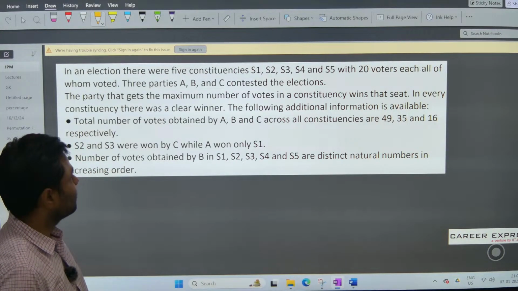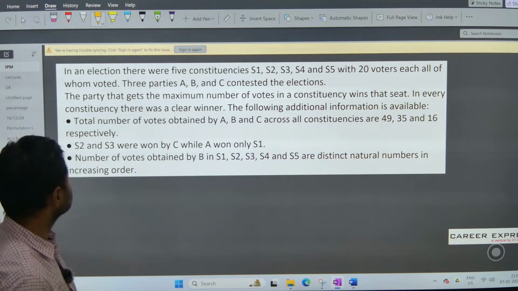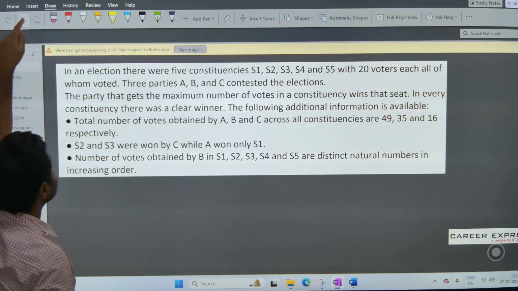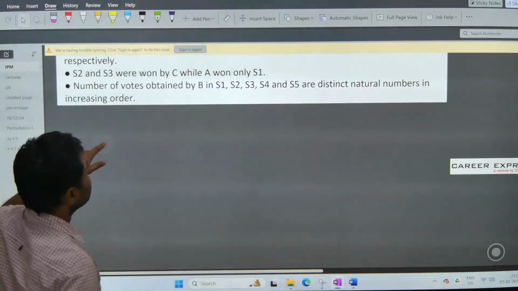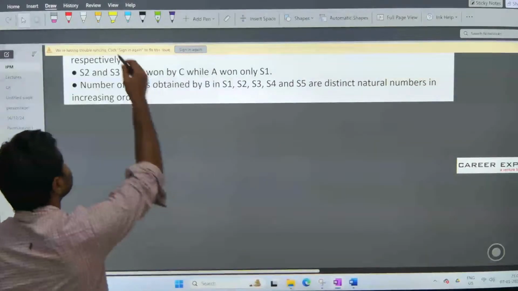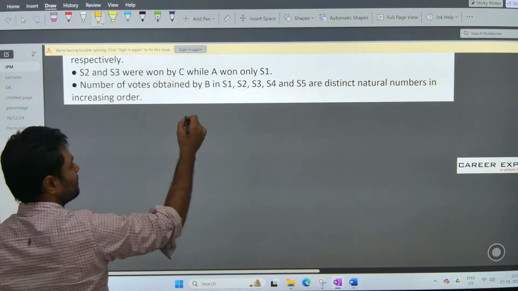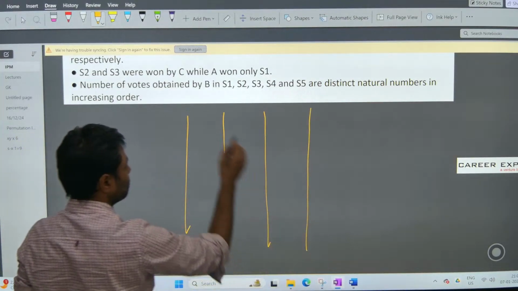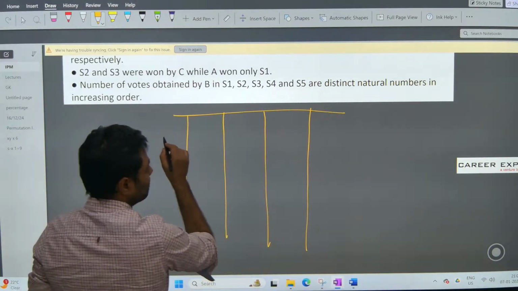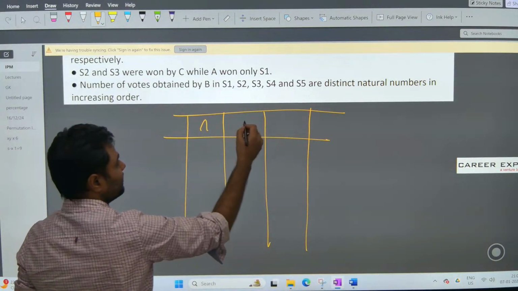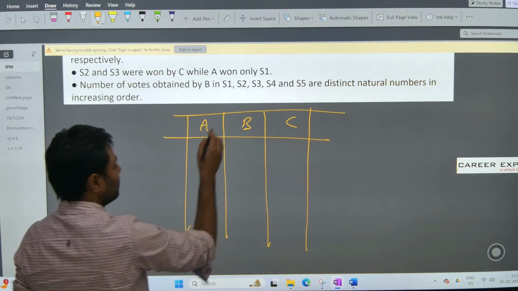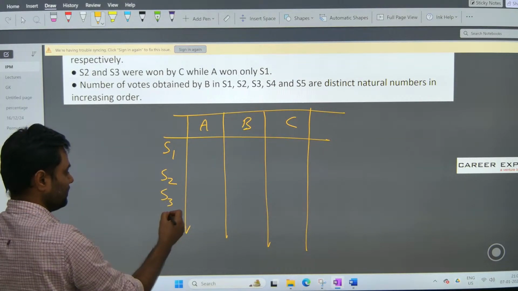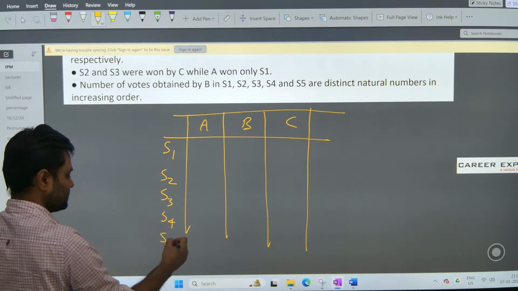3 parties A, B and C contested in these elections. So we have 5 constituencies which are contested by 3 parties. So we will make a table. So there are 3 parties A, B and C and there are 5 constituencies S1, S2, S3, S4 and S5.